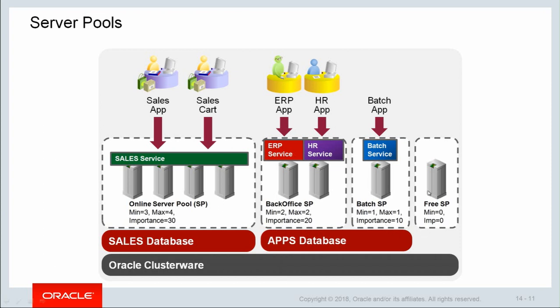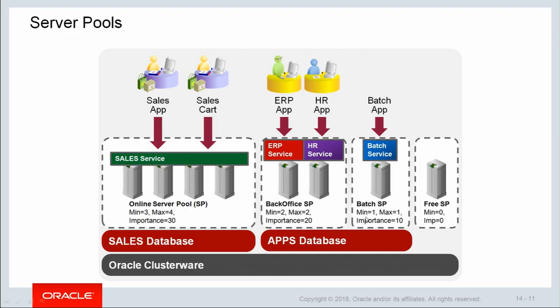If there is a new server available, and this server will be added to one of the available server pools, the first thing Oracle Clusterware checks is the minimum number. The online server pool has enough servers compared with the minimum size. The back office server pool has enough servers.